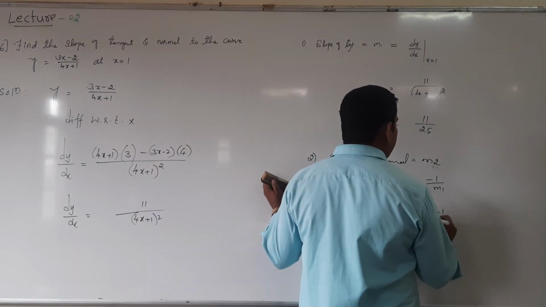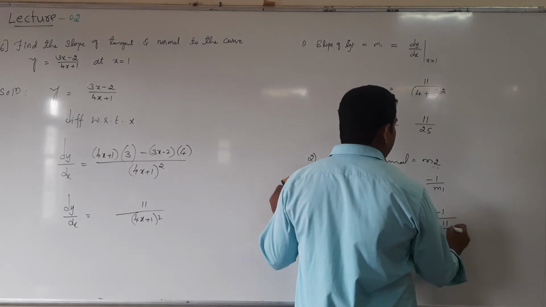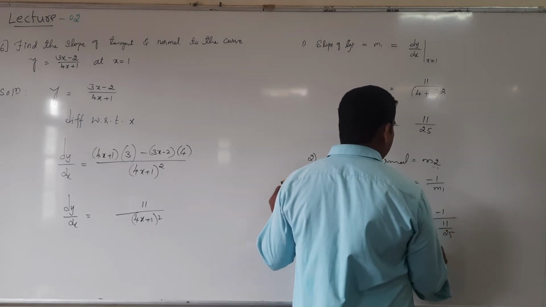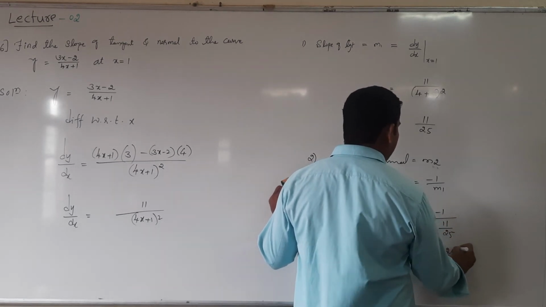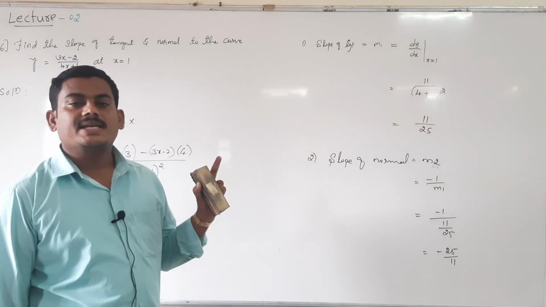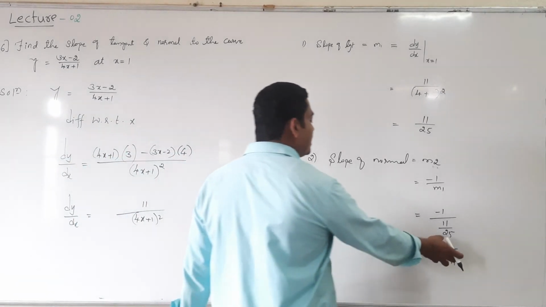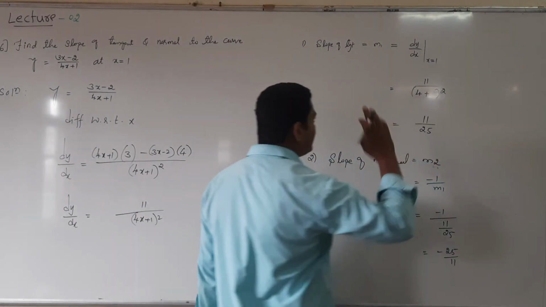That's equal to minus 1 divided by 11 divided by 25. It will be minus 25 divided by 11. This is slope of the tangent line, right? Slope of the normal it is. This is slope of the tangent.